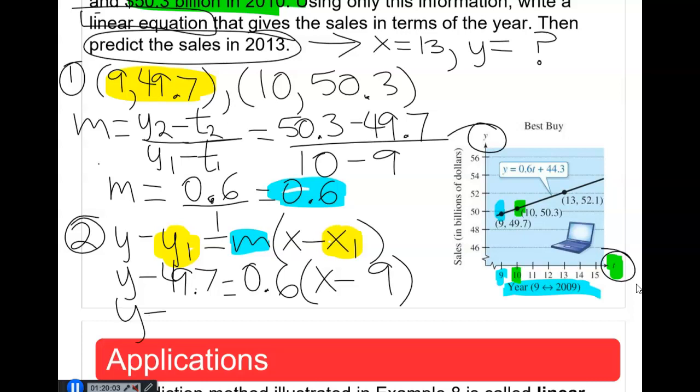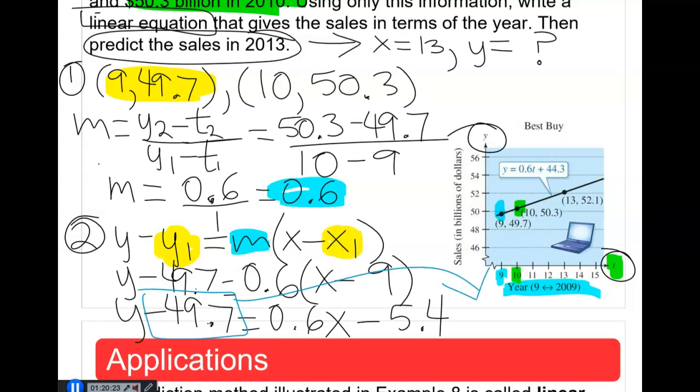So here we will get y minus 49.7 is equal to 0.6 times x and then minus 5.4. So again, if we consider this quantity here that is subtracting, take it across.